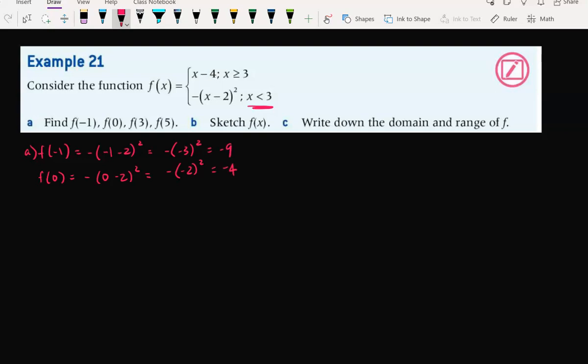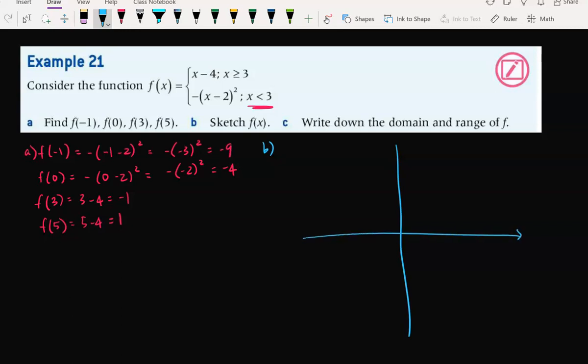And then for 3 and 5, we have to use the linear. f of 3 equals 3 minus 4 equals negative 1. f of 5 equals 5 minus 4, which equals 1. So we have 4 points. Now we have to sketch it on this graph right here.